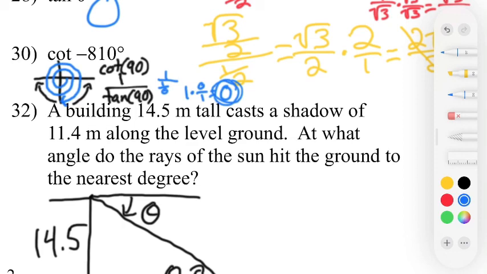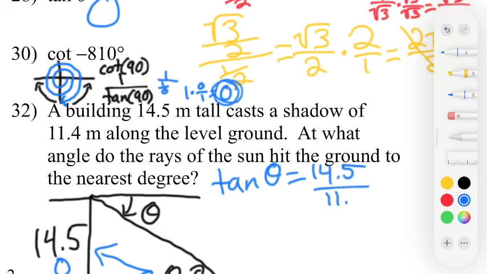So now that we have it set up, we have our opposite side and our adjacent side. So we're still working with tangent of theta equals 14.5 over 11.4. We're going to take the inverse of tangent on both sides.